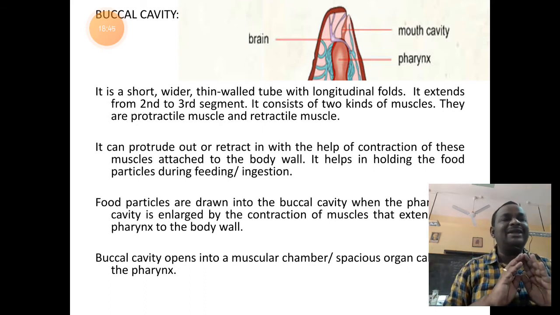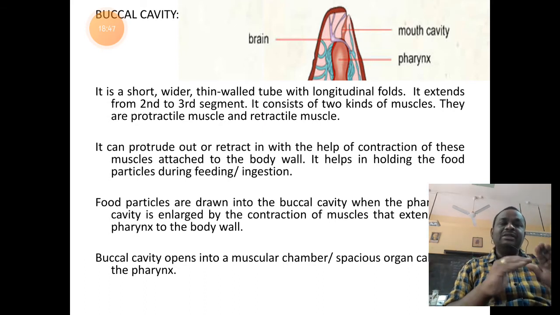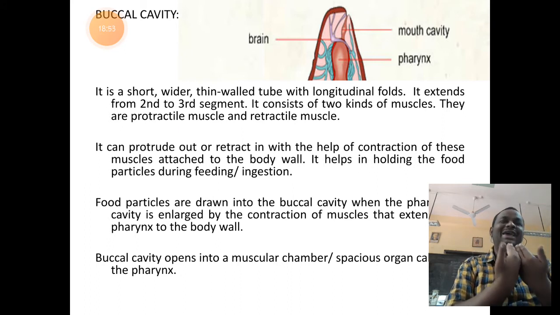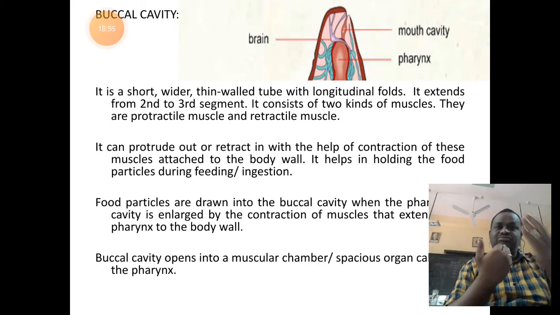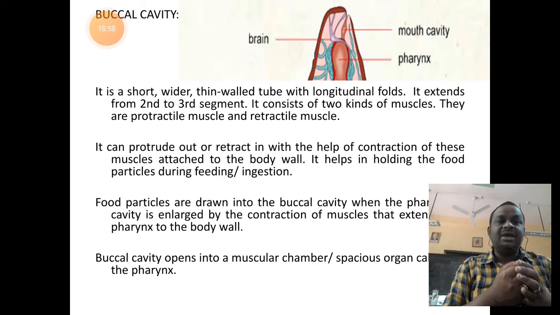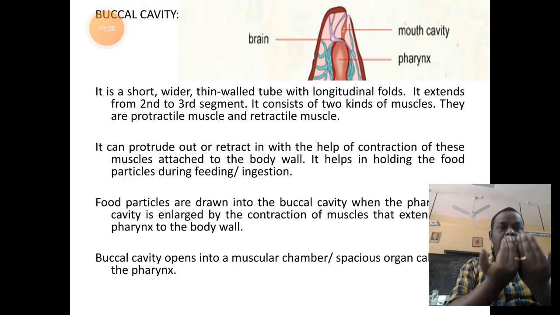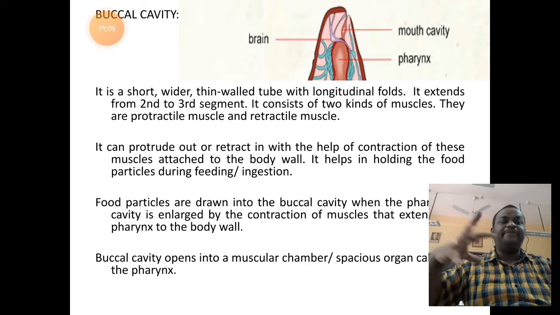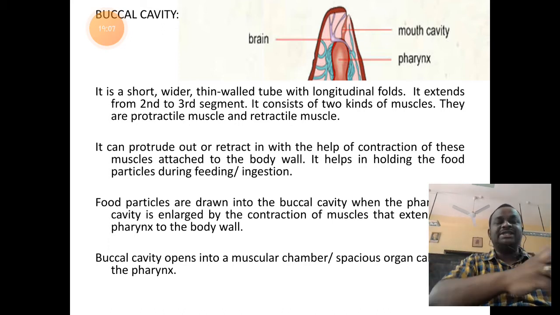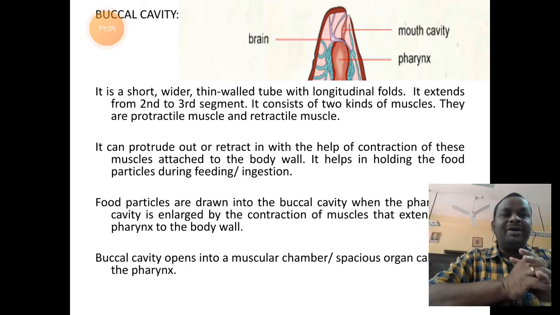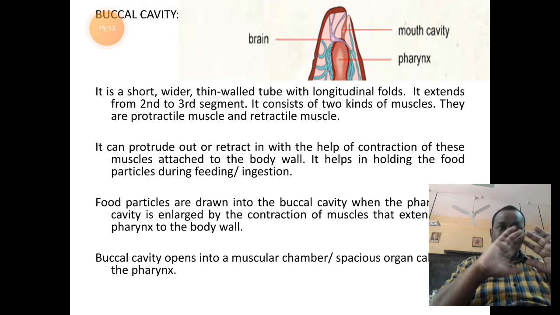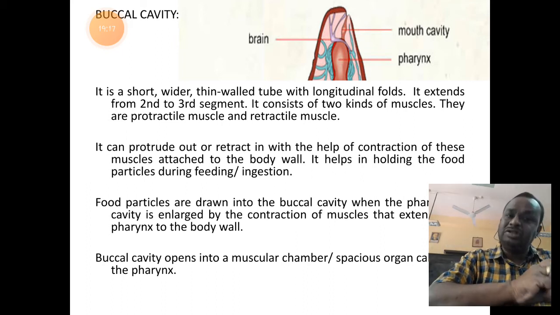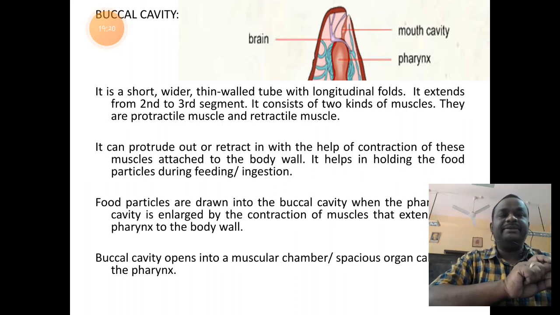When the organism doesn't feed, these longitudinal folds can be seen on the buccal cavity. But when the food is taken in, the folds will be extended. So, the cavity of the mouth will expand so that the food gets accommodated in the buccal cavity. And to have this flexibility, you have the longitudinal muscles also seen in this region of the mouth cavity.